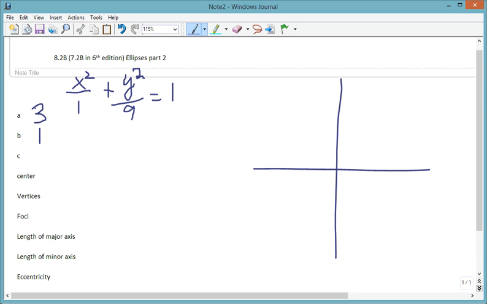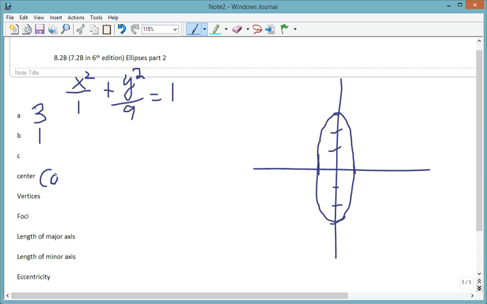So when I'm graphing this, the a is under the y, so it's going to go up here for the major axis, and it's going over just 1. So this is a pretty skinny ellipse, right?